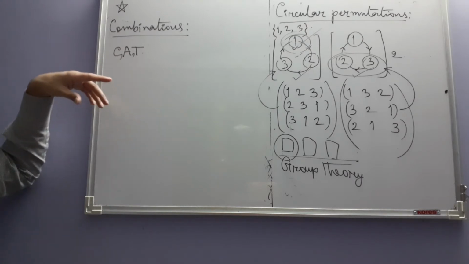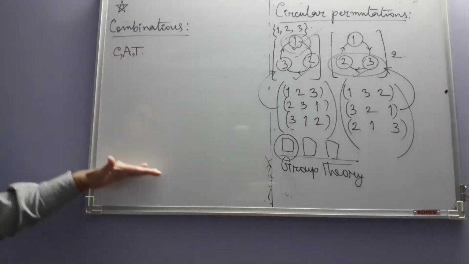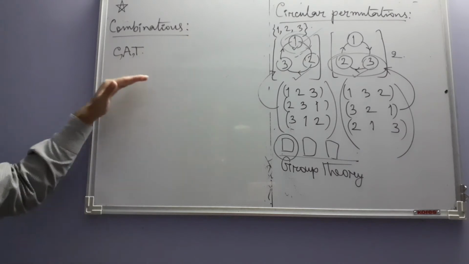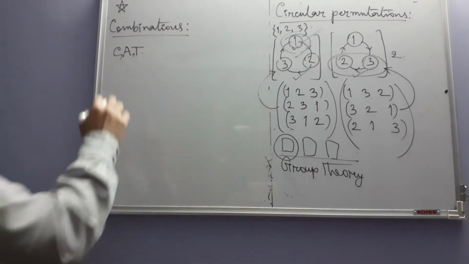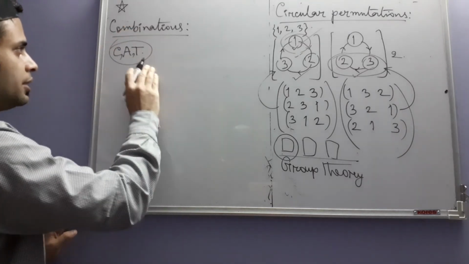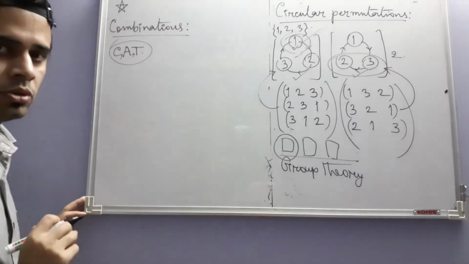But first of all, since we have seen so many things about permutations, we want to take that route, and we go to combinations using permutations, although it should be the other way around. You will understand what I mean soon enough. Okay, so we have three letters. Out of these three letters, we are going to choose two and form a group.